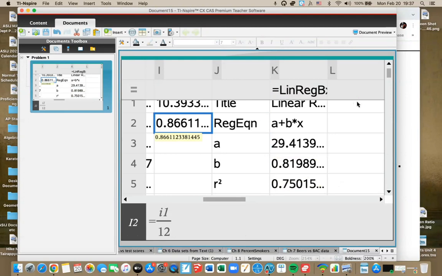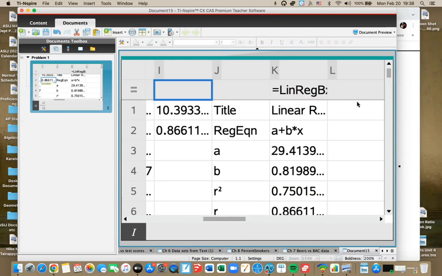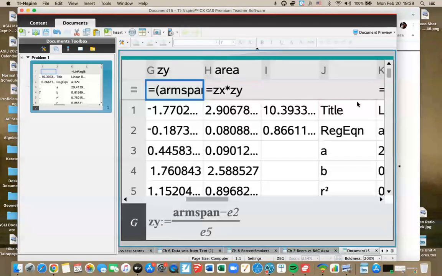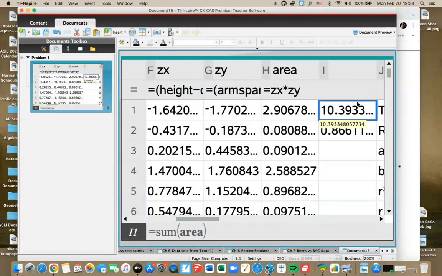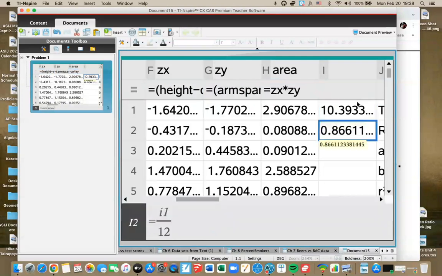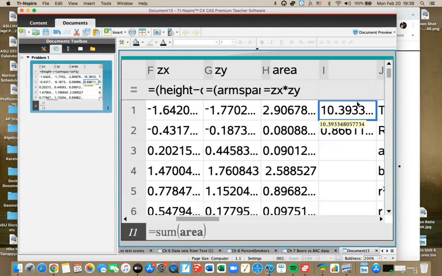Hopefully going through this exercise gives you a little more depth of understanding of how you would get r. What's the calculator doing to get r? It's just z-scores, multiplying those z-scores together to get an area, summing up all those areas, and then dividing by n minus 1 to make it like an average. It's like an average area when you divide by n minus 1.